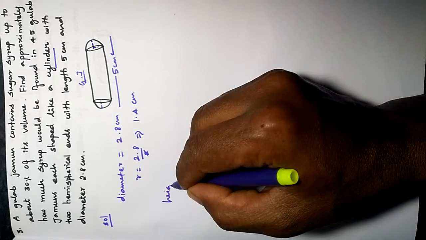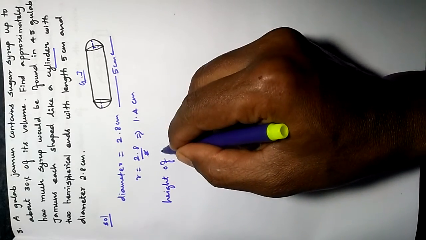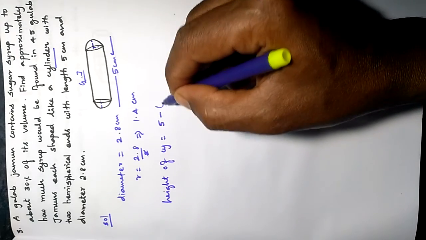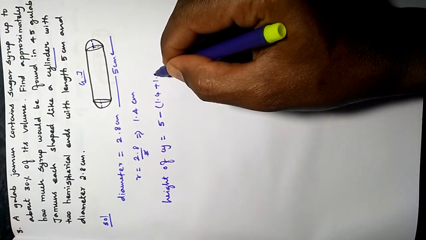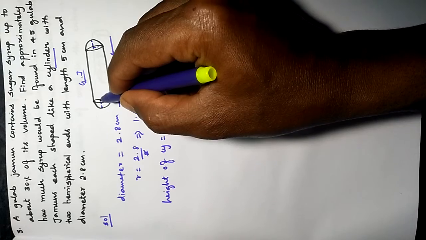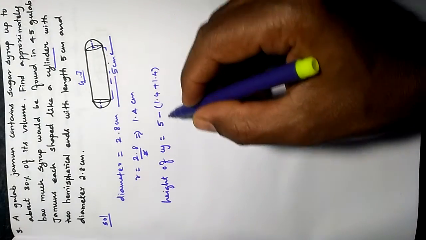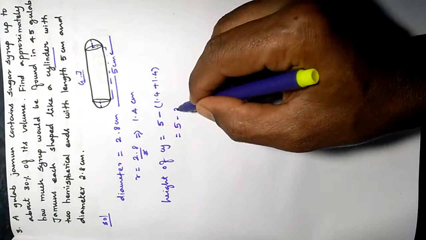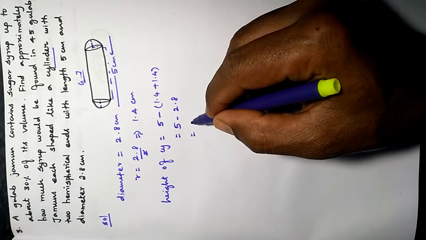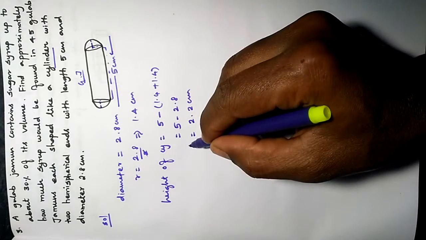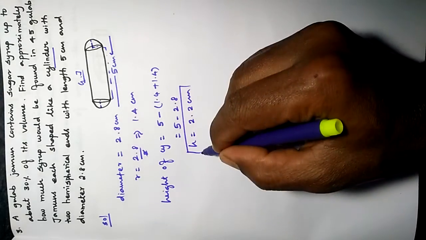Okay, then height of cylinder equal to 5 minus 1.4 plus 1.4, both sides, that radius only is the height of the sphere part, if you subtract you will get the height of the cylindrical part. So 5 minus 2.8, if you subtract you will get 2.2 centimeter as the height of the cylindrical part.